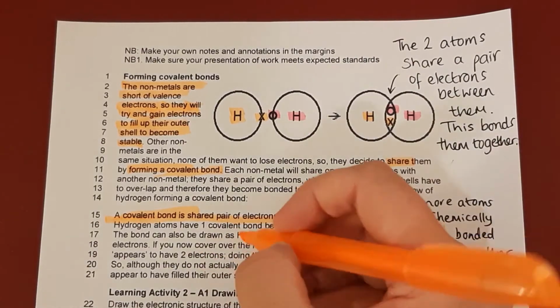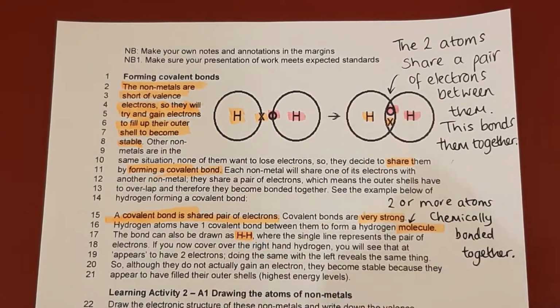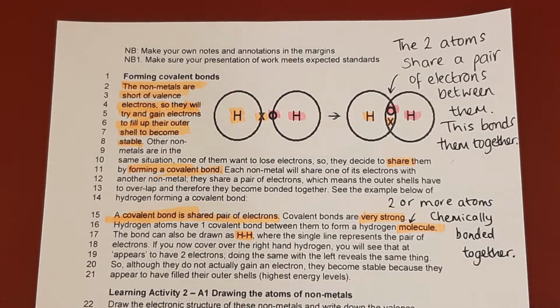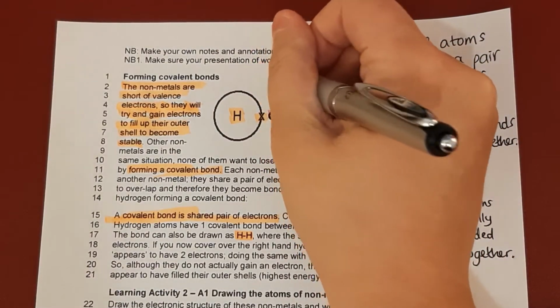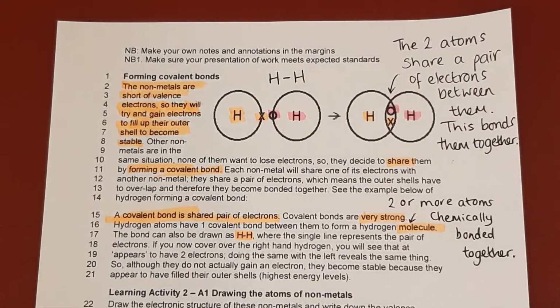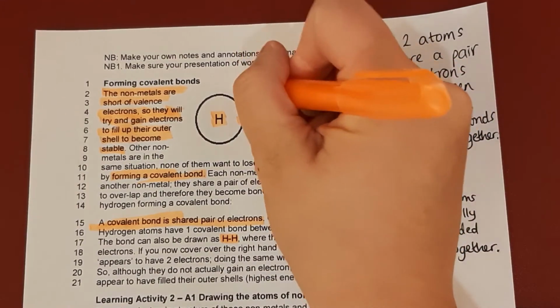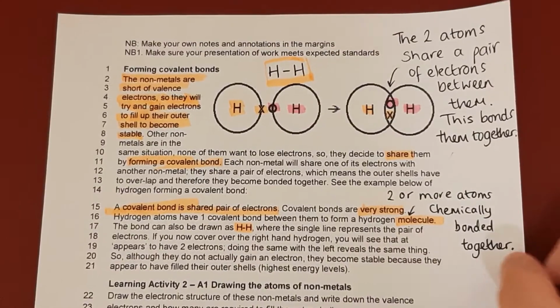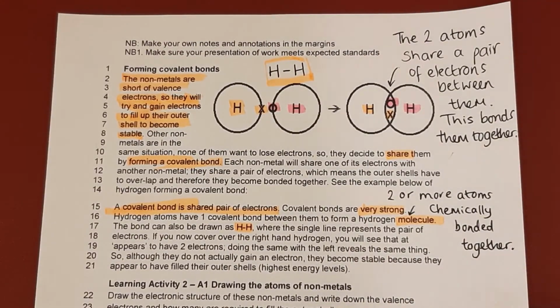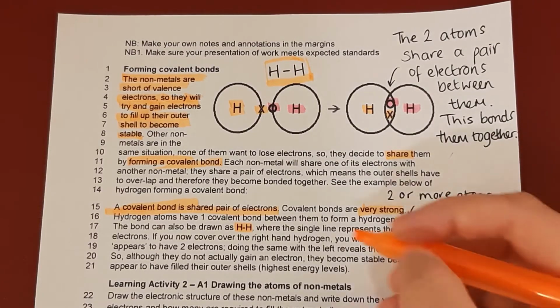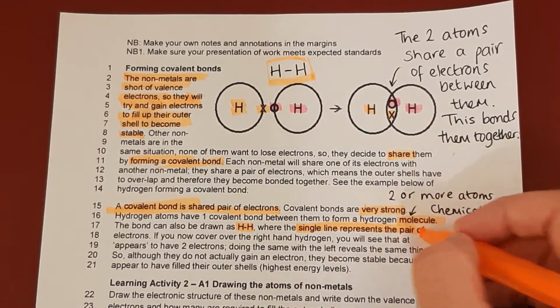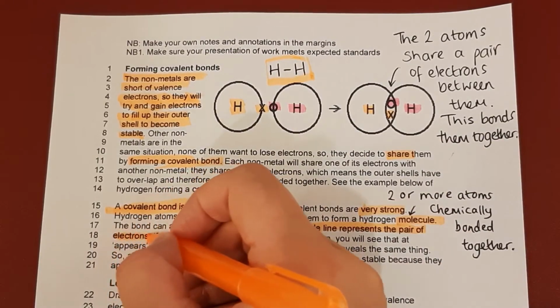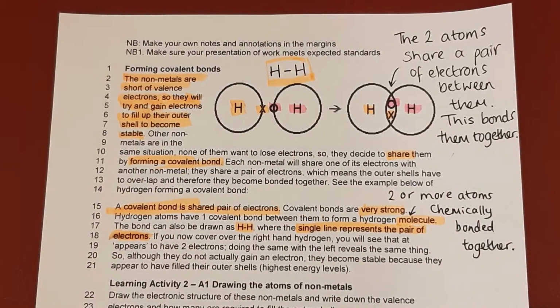So this alternative representation of H-H, and I'm going to write that again at the top here, H-H. This is a really common way of representing covalent bonding. So that single line is representing the pair of electrons. I'm going to highlight that, that's important to know. You'll be asked to do this later on in this lesson.